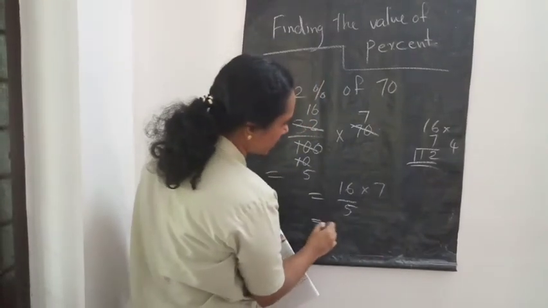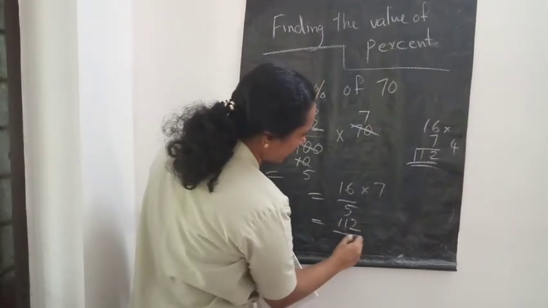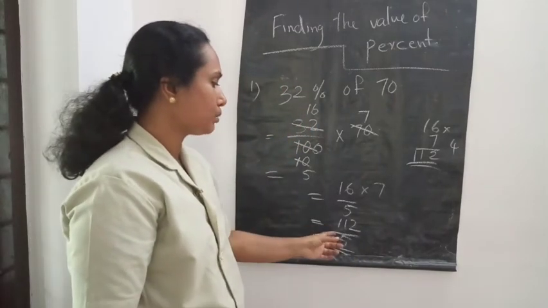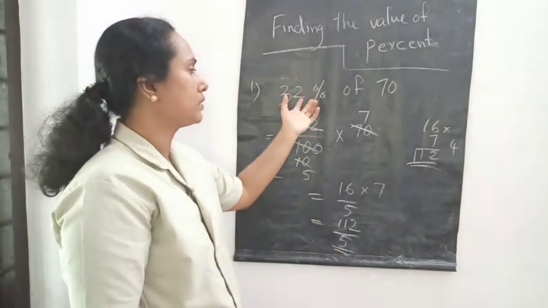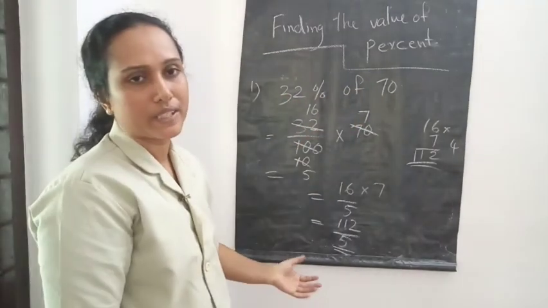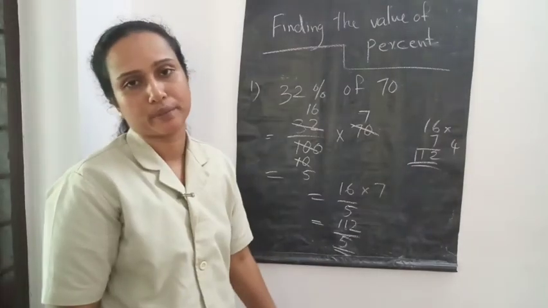Then the answer is 112 by 5. The 112 by 5 is the value of 32% of 70.